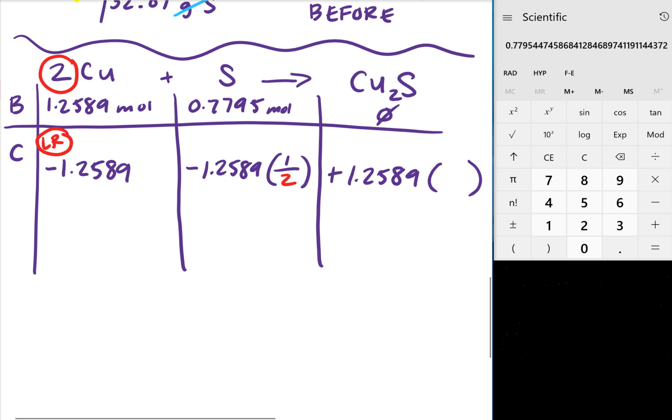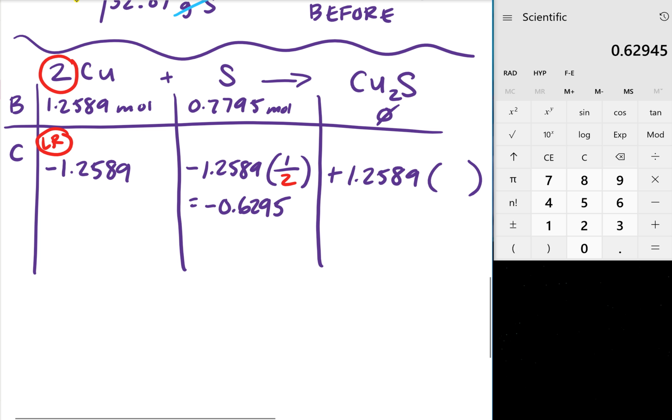And I real quickly calculate to see if I have enough sulfur. So 1.2589 divided by 2, I get an answer of 0.6295. And you pause and you evaluate. Do you have enough sulfur to complete the reaction?